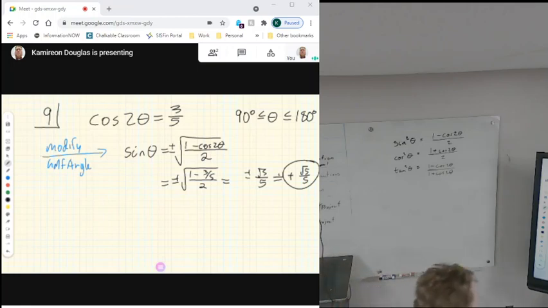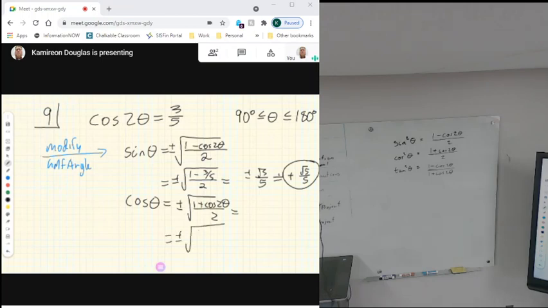So for cosine, I would do plus or minus the square root of (1 plus cosine of 2 theta) over 2, which would give me plus or minus the square root of (1 plus 3/5) over 2, which would be plus or minus 4 square root 5 over 5, I do believe.